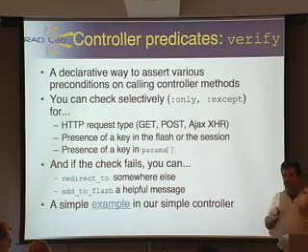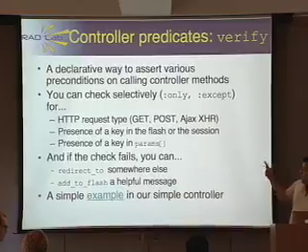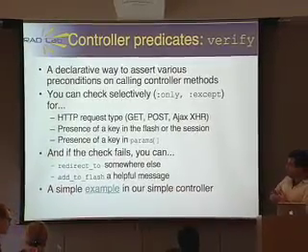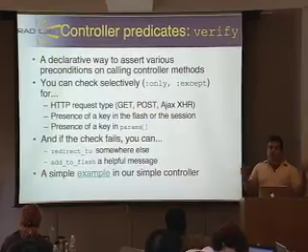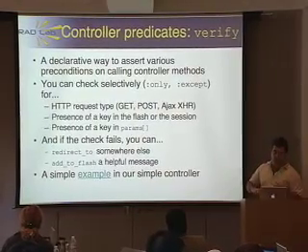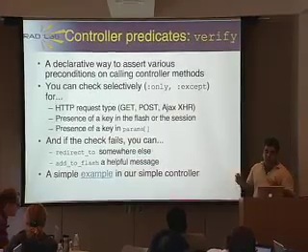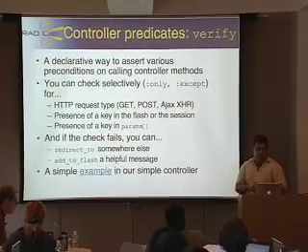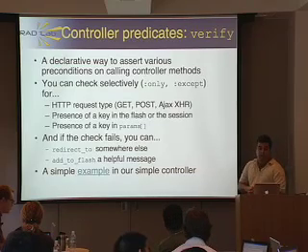Rather than having every action in my controller check the session, I could declare a verify or a filter, which I'll show you in a moment, that says, unless this key is present in the session, do a redirect to some page that says, sorry, you have to log in, or its moral equivalent. I can check for a key in params if I'm doing URL obfuscation, so whatever you want. And as far as what happens when the check fails, you can redirect to somewhere else.